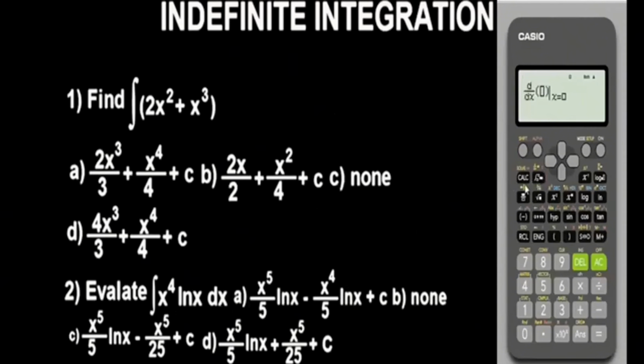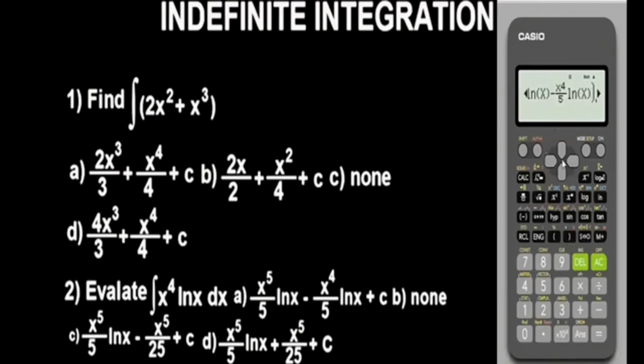Let's begin with option A. We have a fraction, x to the power 5 over 5, times ln x, close the bracket, minus a fraction, x to the power 4 over 5, also times ln x, close the bracket. The plus c, we don't need it.